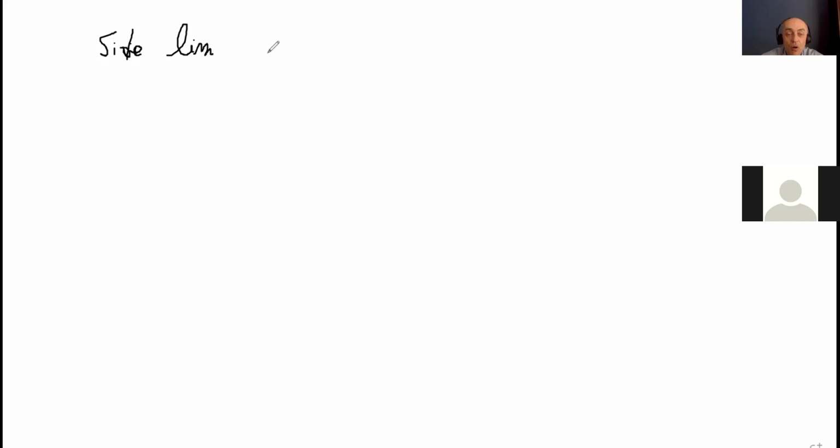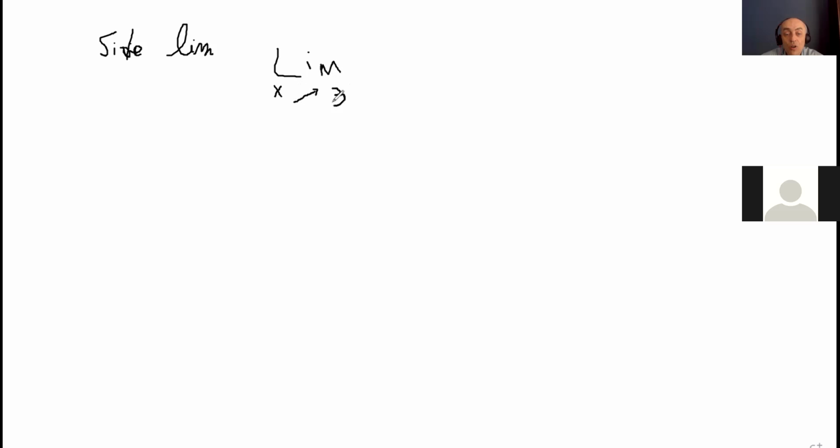So the side limit is denoted like this. The limit, let me write with capital letters so you can see better. LIM, as x approaches, and for the side limit when you come from the left side, people usually write x approaches 3 with a northeast oriented arrow.